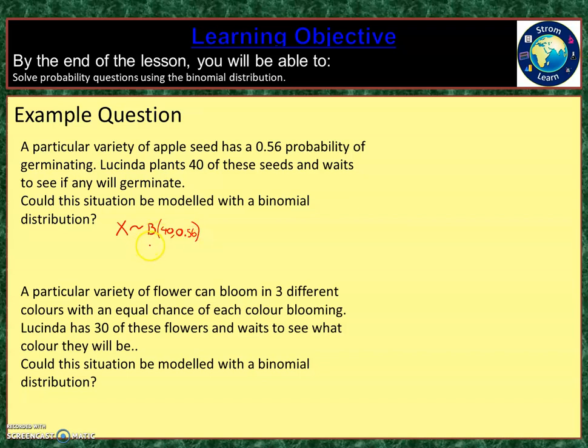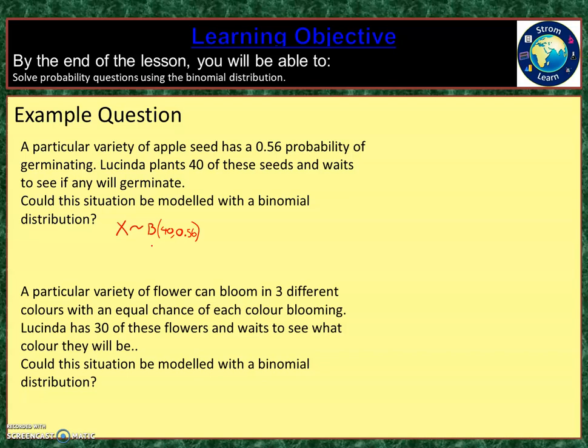The B is really important here for binomial distribution, because if you study probability distributions to a greater extent, then we look at different ones, and there's several which have two numbers in brackets separated by a comma, and then we can tell the difference between what information is there by what type of distribution. So in this case, B for binomial.